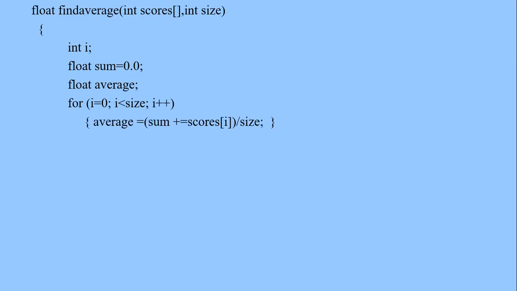This statement, the one which is enclosed in parentheses, that is sum plus equals scores, simply means add the content of memory location called scores at subscript I to the content of memory location called sum.